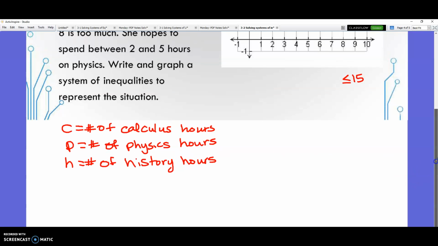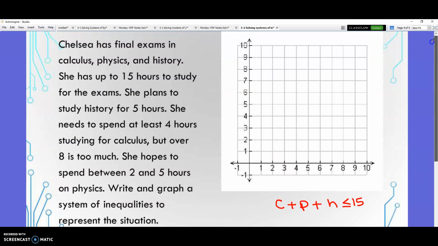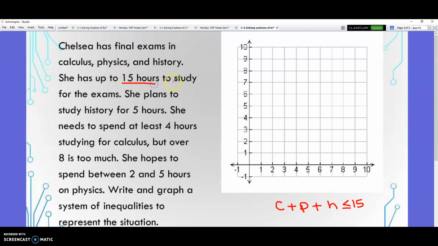Okay? So if she has 15 hours to spend between these, then the number of hours that she spends on calculus plus physics plus history has to be less than or equal to 15.